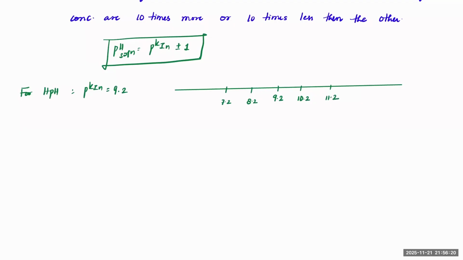Which means if the pH of the solution is above 9.2, that is 10.2 and above here, then you will notice the color of the solution will be pink. From here onwards, it will be pink like this. So in this direction, it will always be pink color.